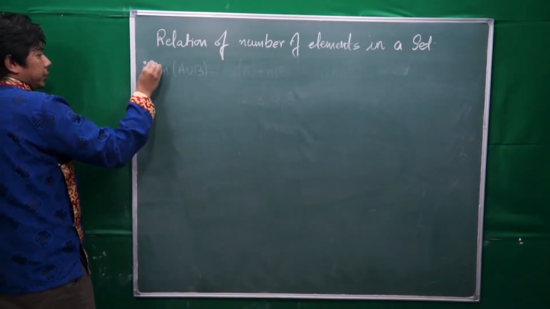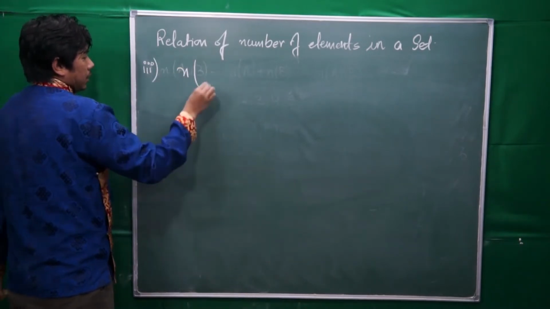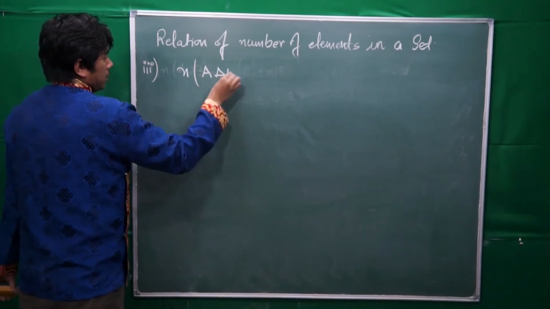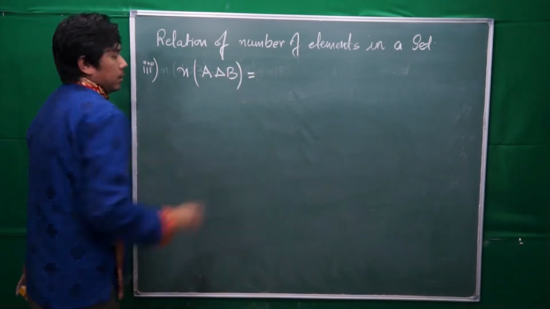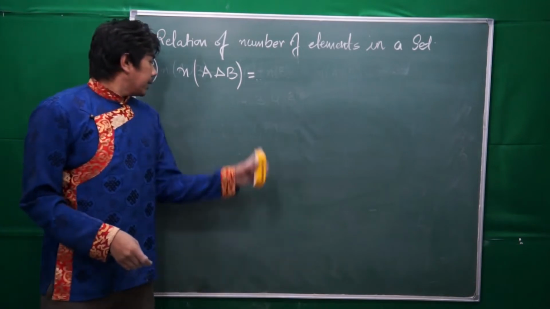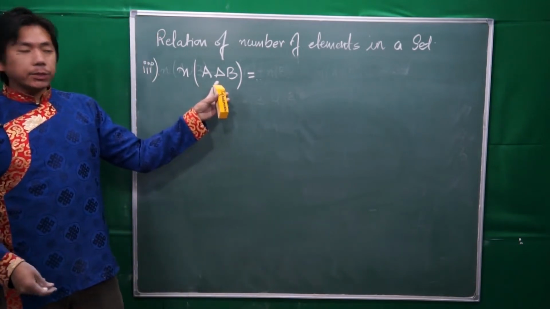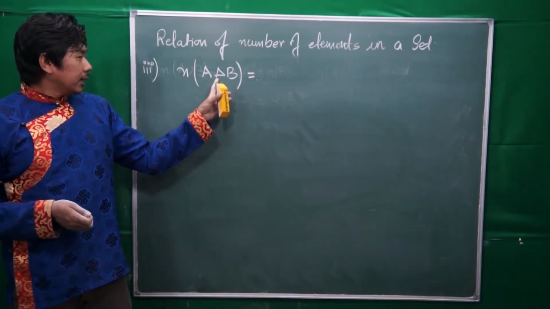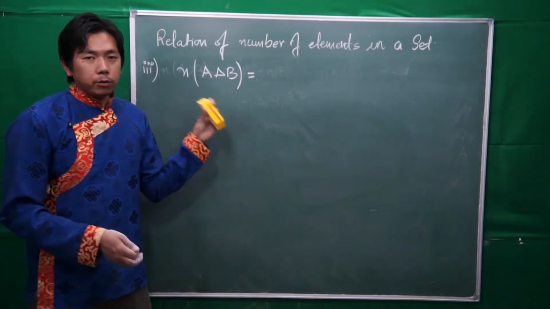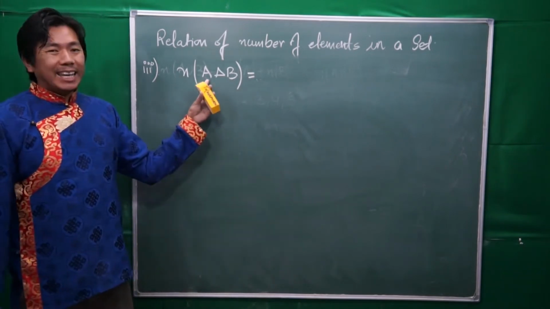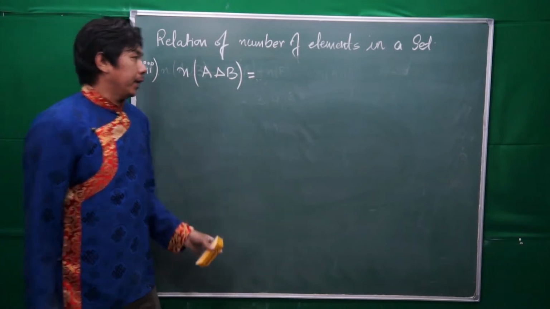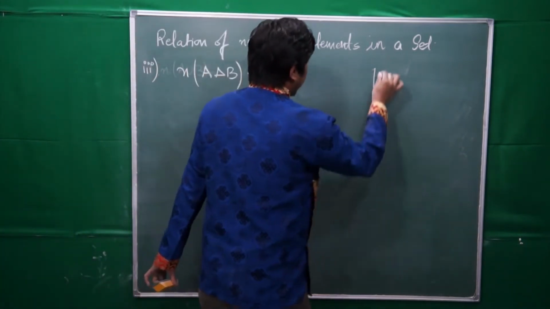Now for the third relation. In this relation, what we are checking is the count of the elements present in A symmetric difference with B. So what does it imply?